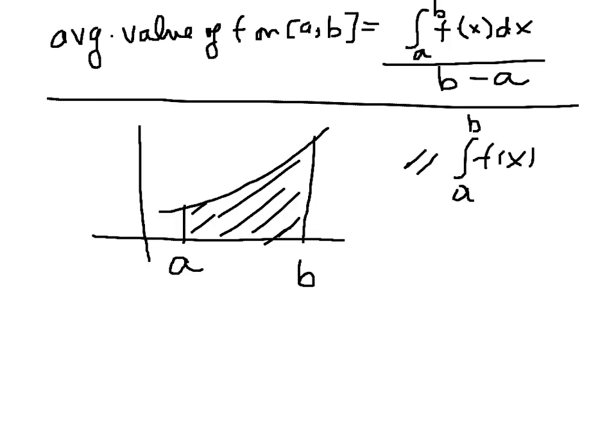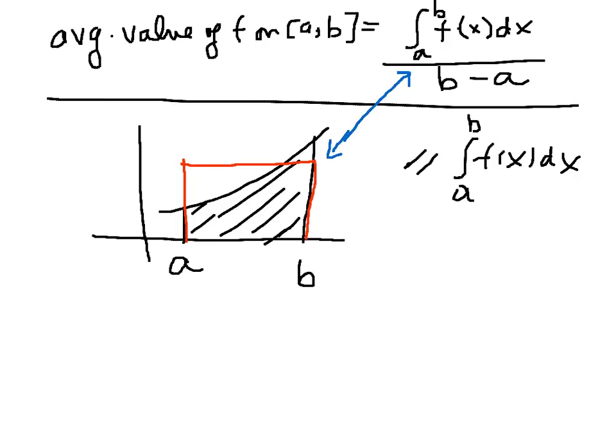written like that. Well, think about a rectangle, and think about a rectangle that's really nice, a rectangle whose height is exactly equal to the average value. In other words, the height that I've chosen here is exactly equal to that value.